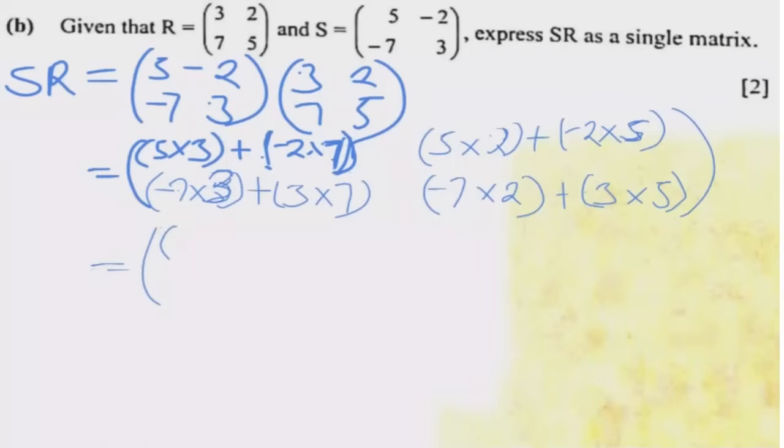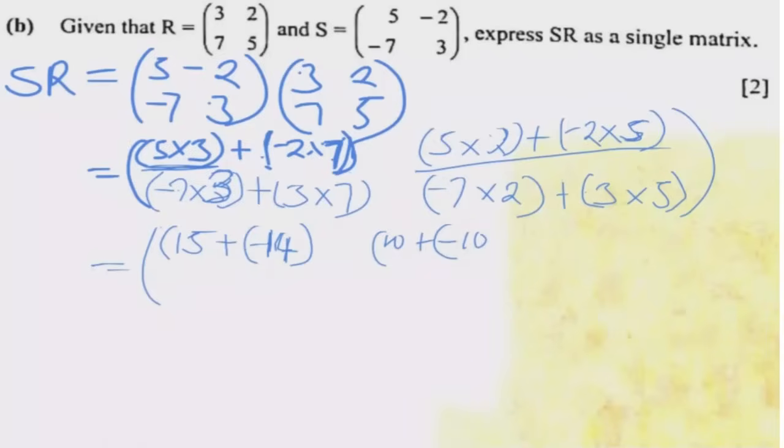I'm going to open bracket, then I say 3 times 5. Looking at this one, 3 times 5 will give me 15, plus negative 2 times 7 will give me negative 14. Then again I focus on this row. 5 times 2 will give me 10, plus negative 2 times 5 will give me negative 10.